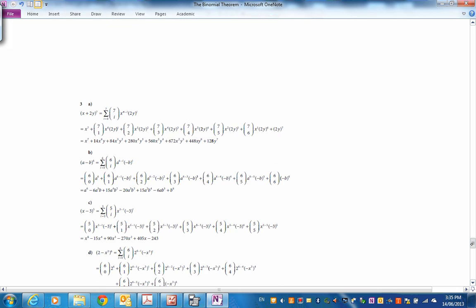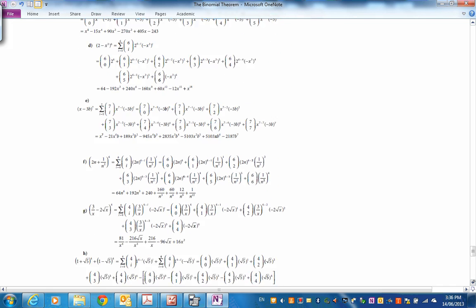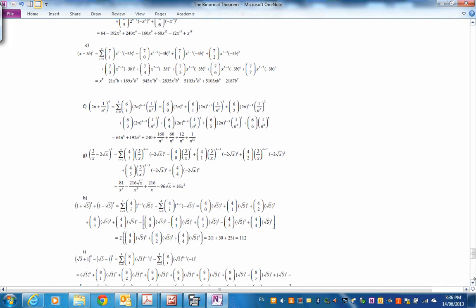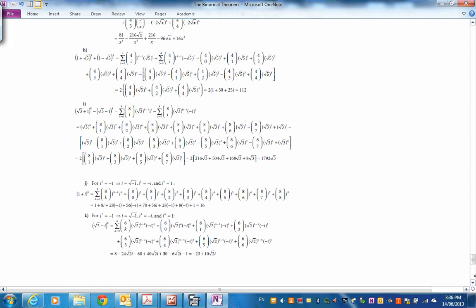There's quite a few of these now as part of question 3 down to C. A lot of working out there. Let's go then down to the next little section there, E, F, G, H. I, J, K. That's going through all those terms there.